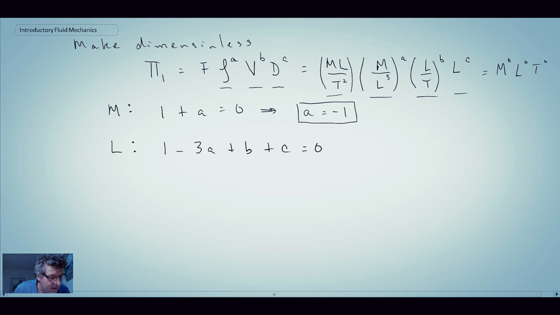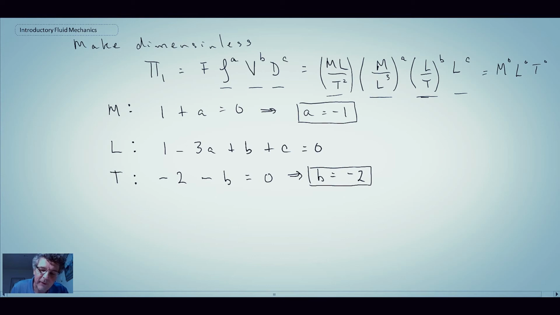So let's park that for now, and let's look at time, which is the third. So on the left-hand side, we have a minus 2, and then the next place that time appears is in this term. So we have a minus B, and then that's on the right-hand side equal to 0. So that tells us that B is equal to minus 2. So that's a little bit more information.